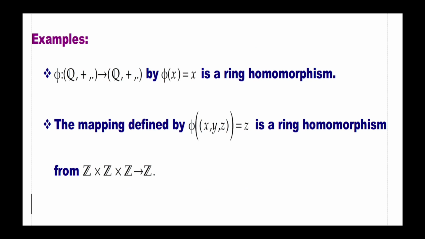Let us see some examples here. φ from Q, plus, dot to Q, plus, dot by φ(x) = x is a ring homomorphism.